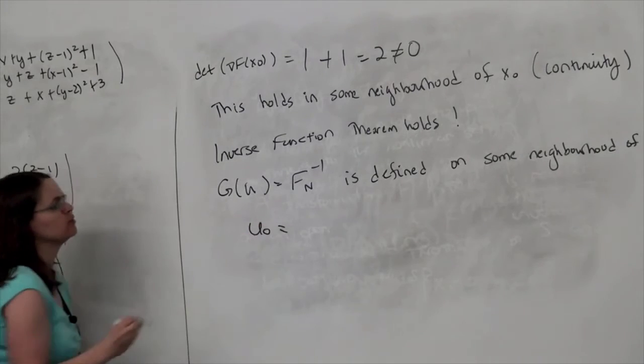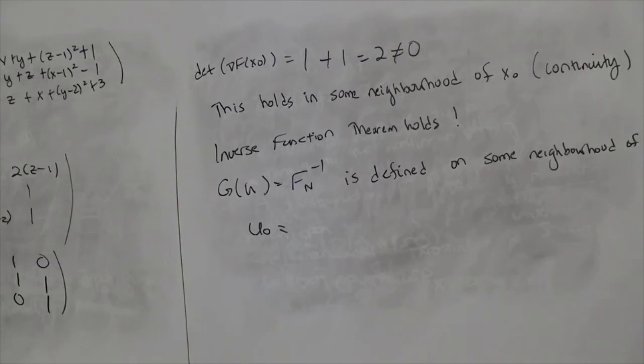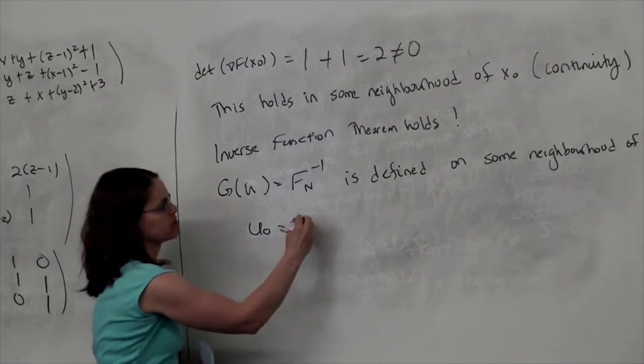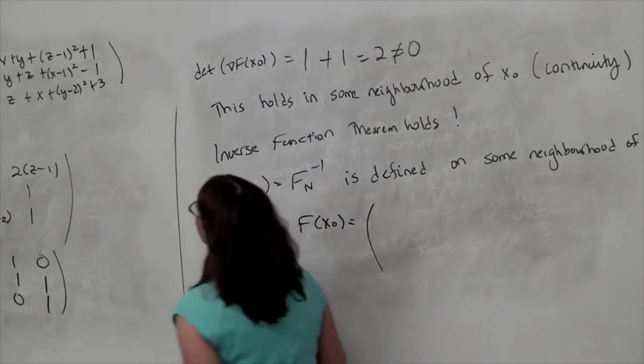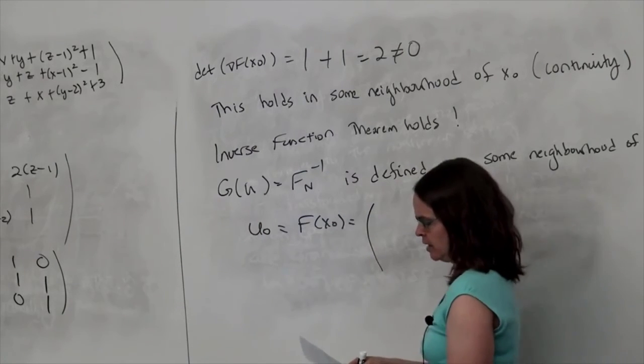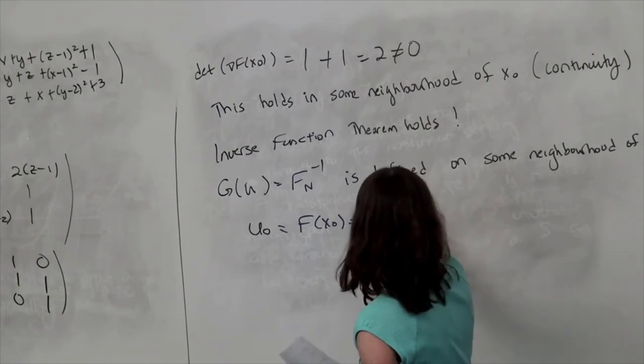How do I compute u naught? F of x naught, okay? So my new reference point in the u space becomes f of x naught. So I plug 1, 2, 1 into there, and I should get 4, 2, 5.